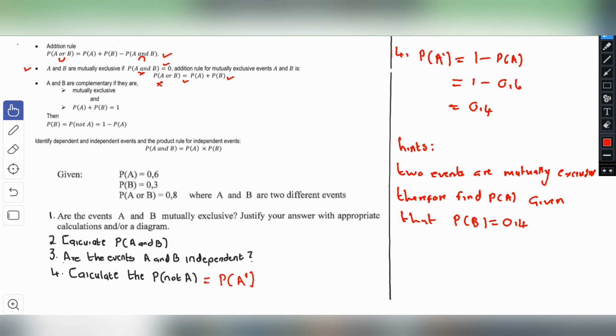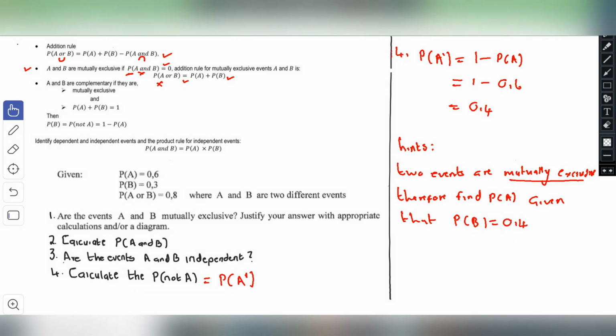So these are the things that you need to be aware of. Whenever you hear this word, mutually exclusive, you remember that the probability of A and B is equal to 0, right? Or the probability of A or B is equal to the probability of A plus the probability of B. Let me write it clearly so that you can understand it better.